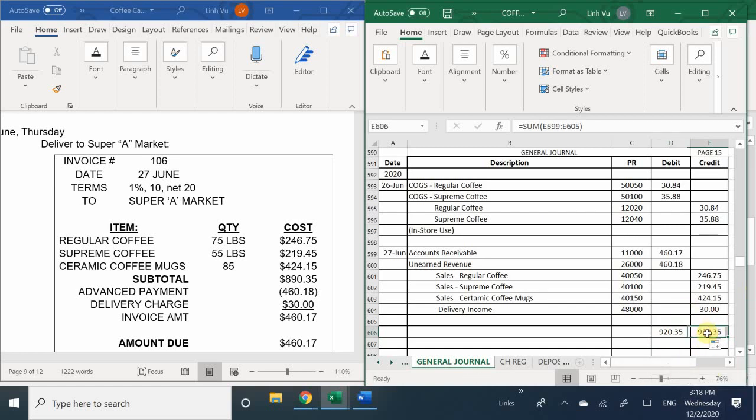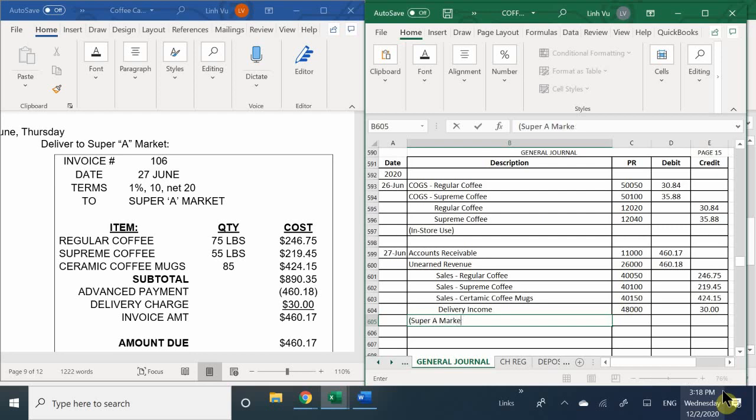Yes, they do equal both. Okay. And then, see here, in my notes, this is for Super A Market.